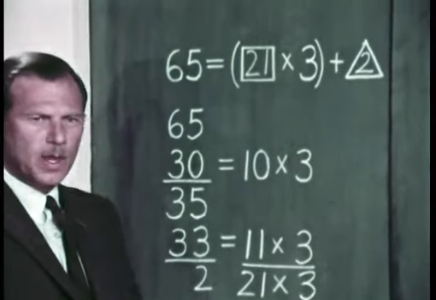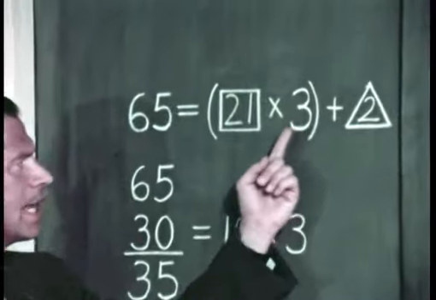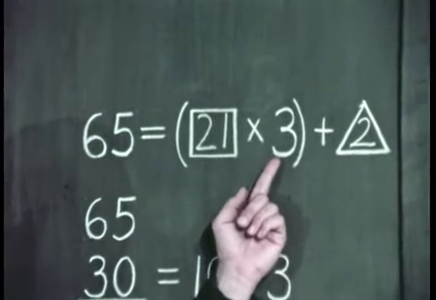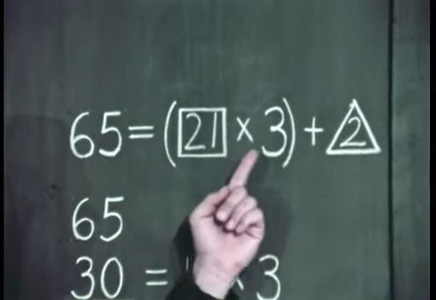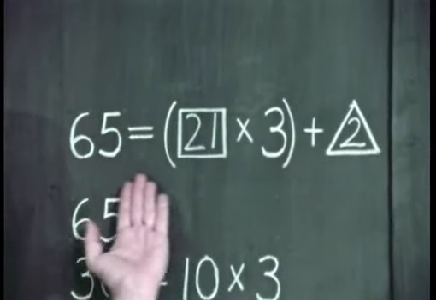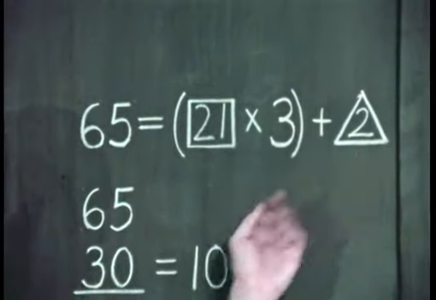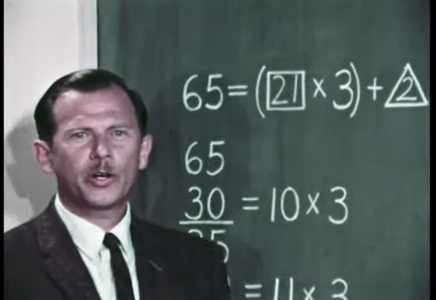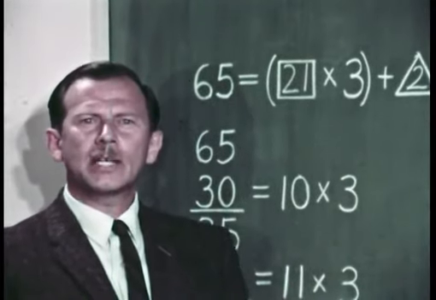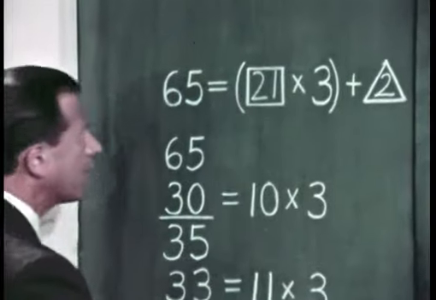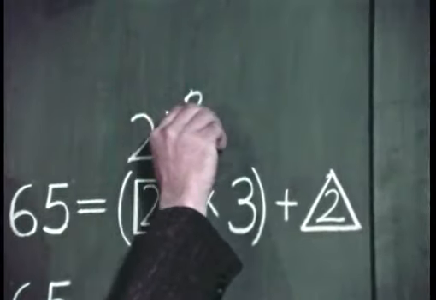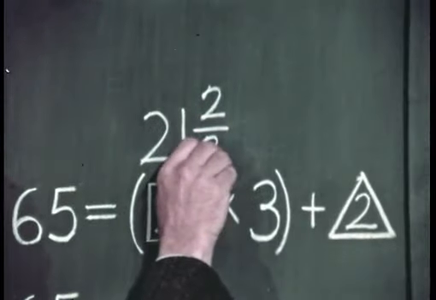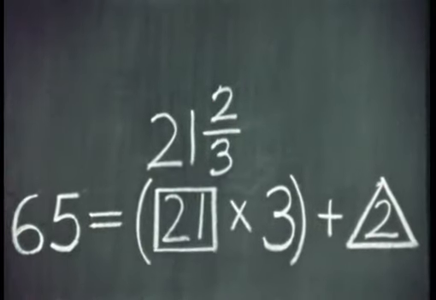For whole numbers, when the remainder is less than the divisor, the quotient is the greatest number that can be multiplied by the divisor to make this a true statement. Later, when children are working with fractions, they can express the quotient this way, where the remainder is expressed as the numerator of a fraction.